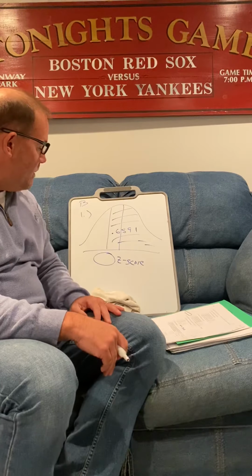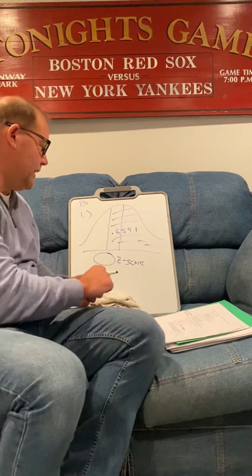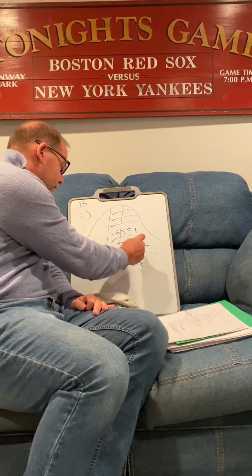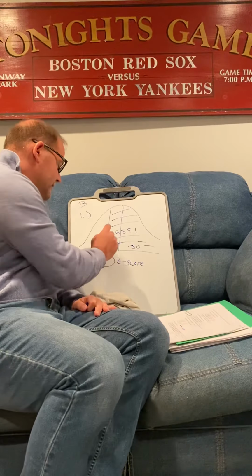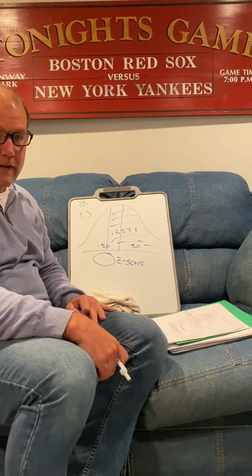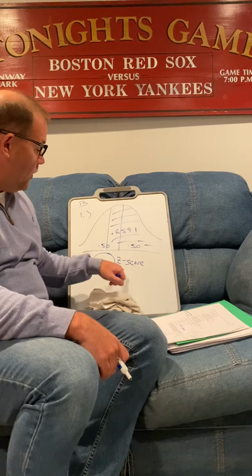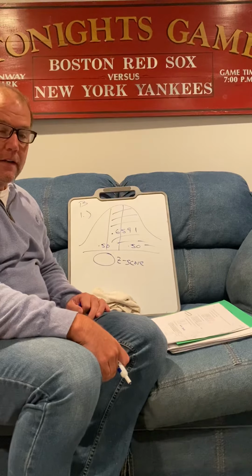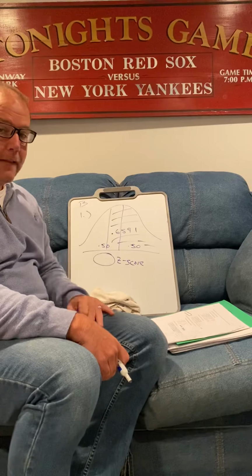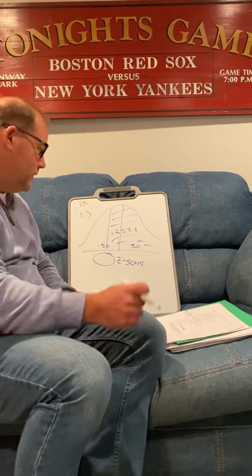The thing we want to remember about the area under the curve is that half of the curve is 50%. It's 50% on this side, 50% on that side. That's why I went over 50 and a little bit farther over here when I drew my picture. Now in order to find a z-score, if you were going to look this up in the body of the table, you would want to know the area to the left.